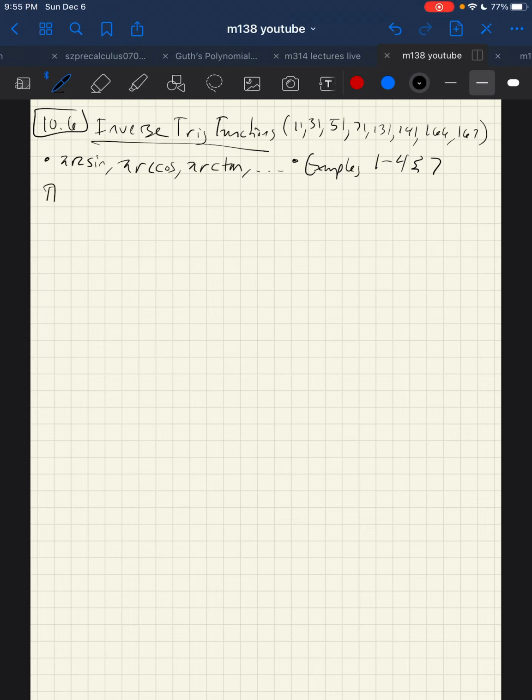the function sine inverse of x, also known as arcsine of x, is the inverse of the sine function.